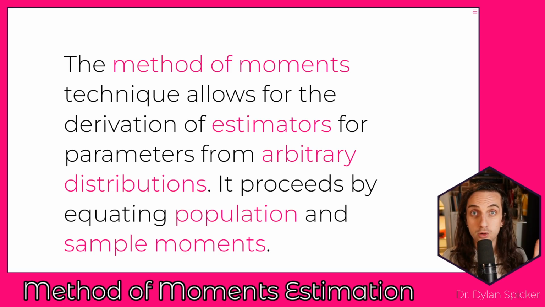It proceeds by equating our population moments to the sample moments and then solving for what that has to be. Once you've actually solved for the estimators there, if you go out and take a sample, you can plug in the value of your sample to derive the estimates for the parameters that you care about, regardless of what those parameters are. And the math tends to be not too involved to work through this. However, there are some pretty major drawbacks of the method of moments technique which limit its real-world applicability.